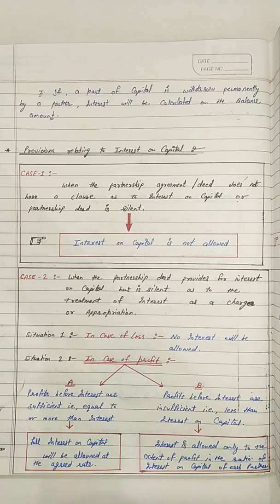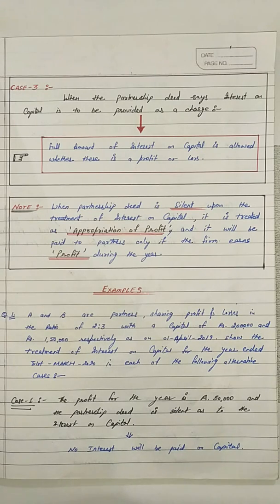But in the second situation, if profits before interest are insufficient, it means profits are less than the amount of interest on capital, then interest is allowed only to the extent of profit, in the ratio of interest on capital of each partner. Case number 3, when the partnership deed says interest on capital is to be provided as a charge.